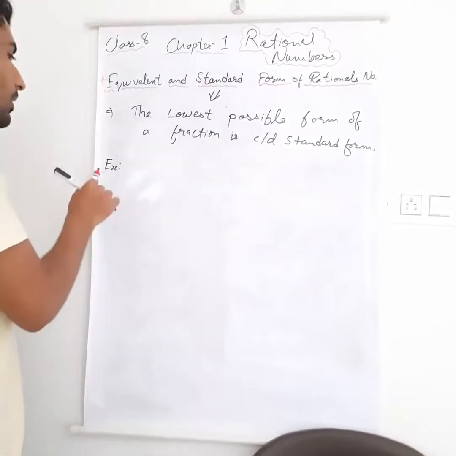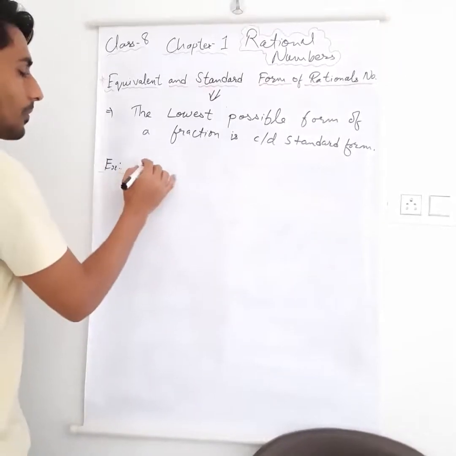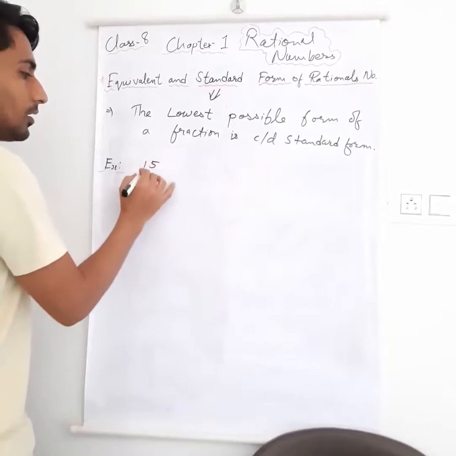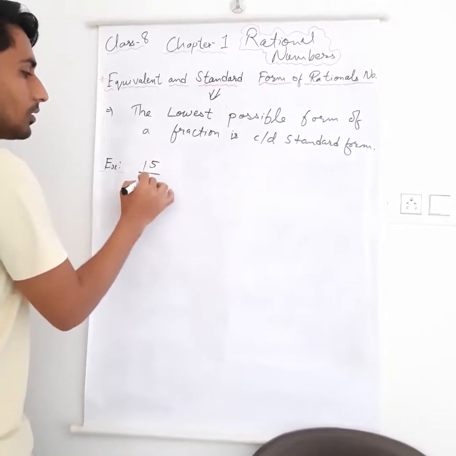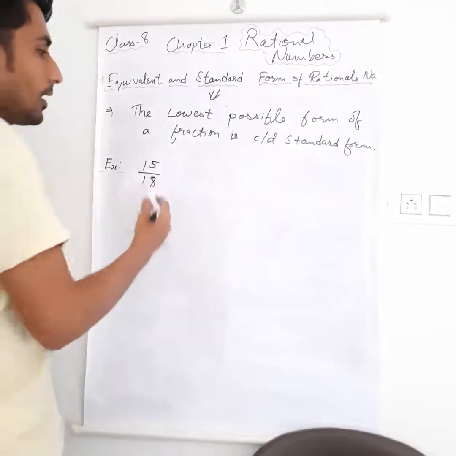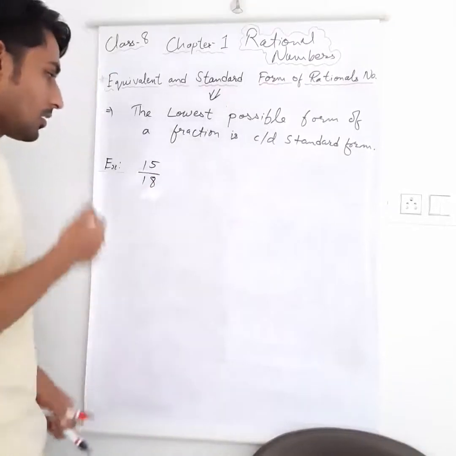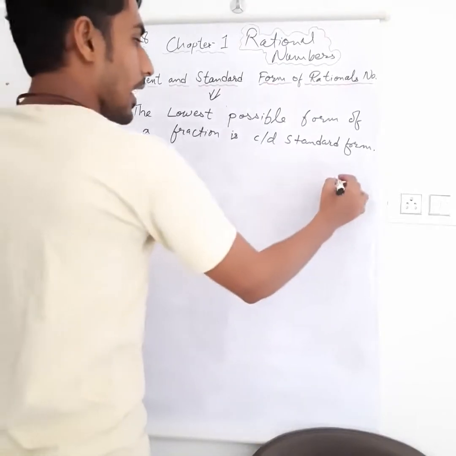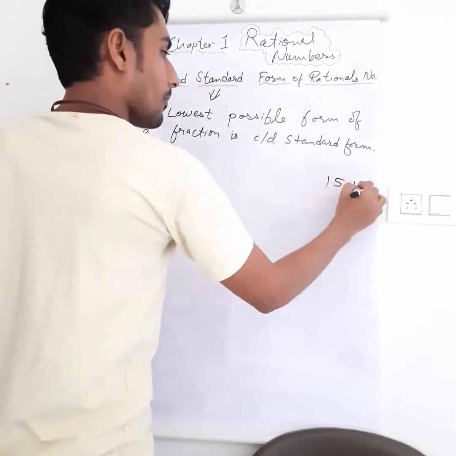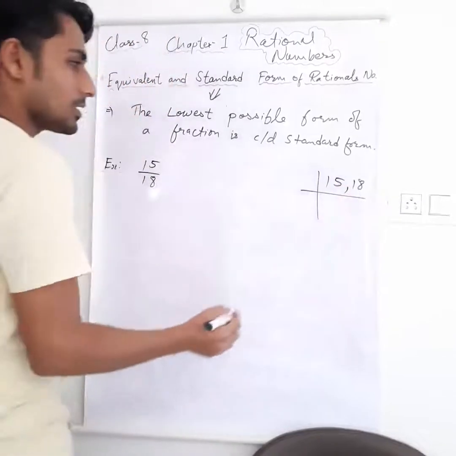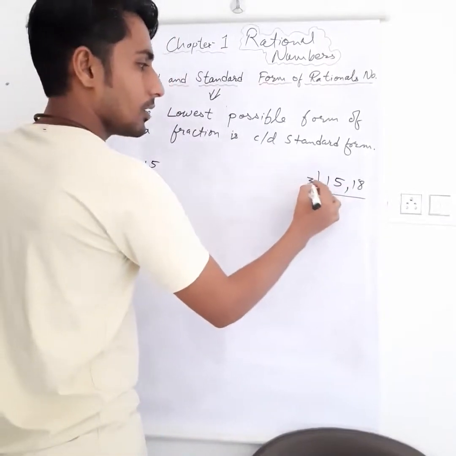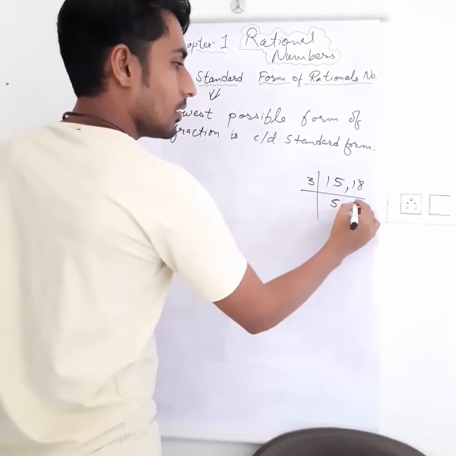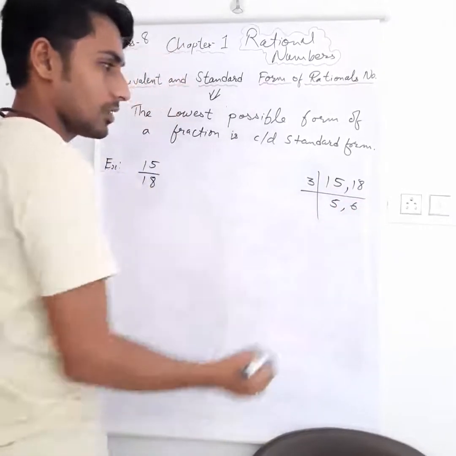Suppose we have 15 upon 18. We have to take the HCF of these two.